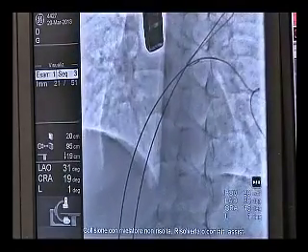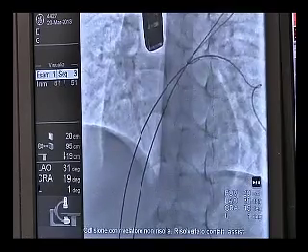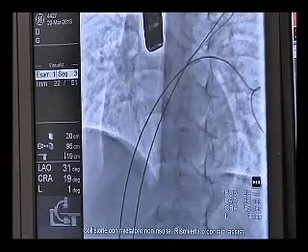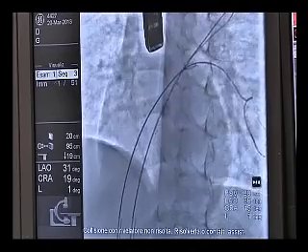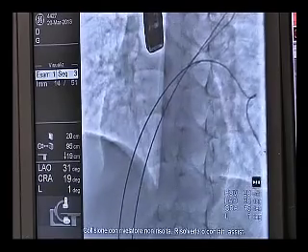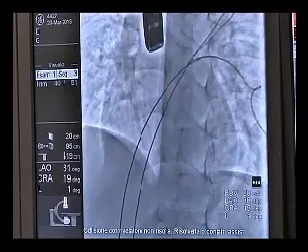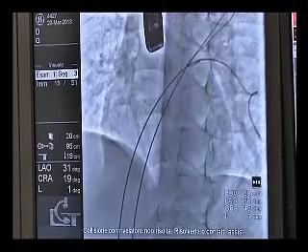So our intended procedure is to put a 20 millimeter Amplatzer septal occluder in the major one, and a 7 millimeter Amplatzer septal occluder in the inferior position. What do you think about this? Very good.